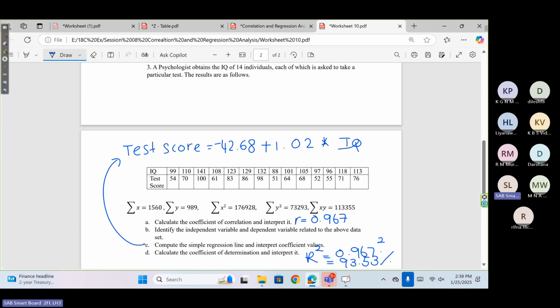The interpretation is there is a strong positive correlation between IQ level and the test score.